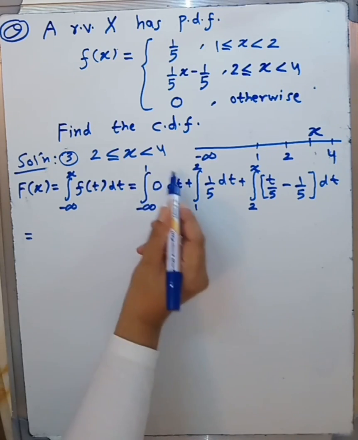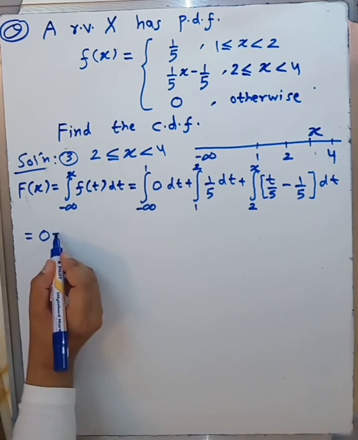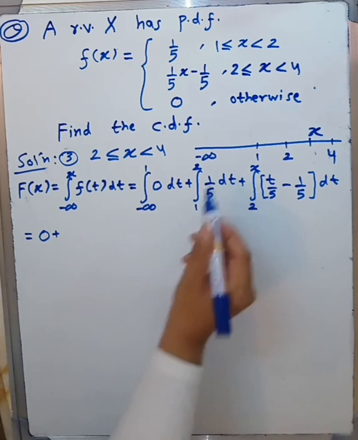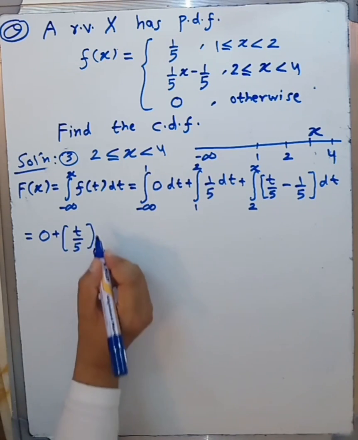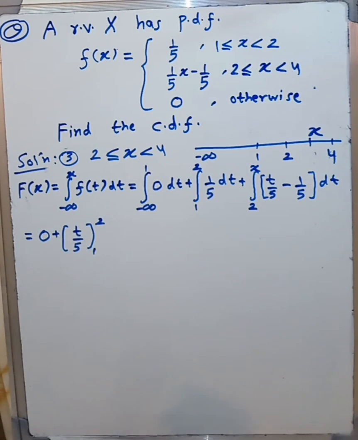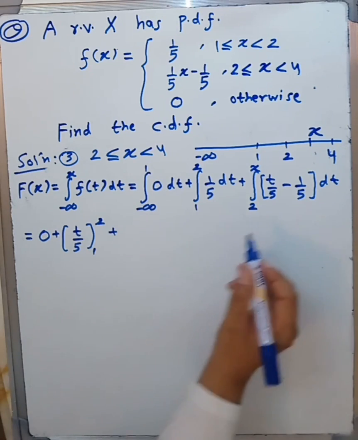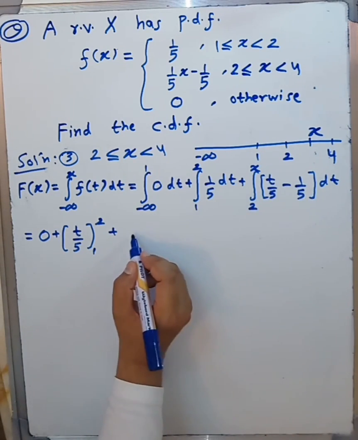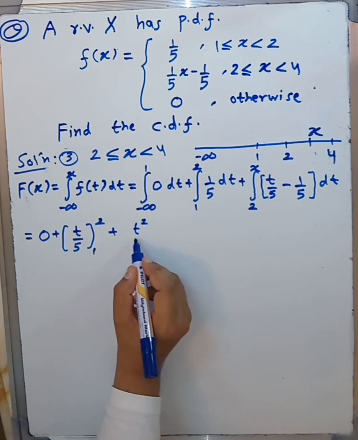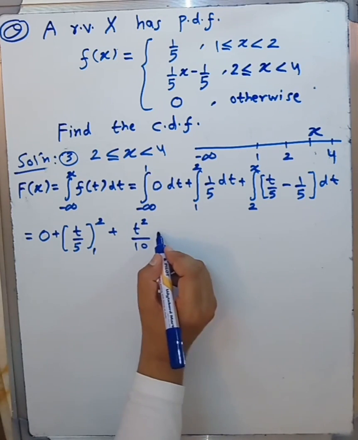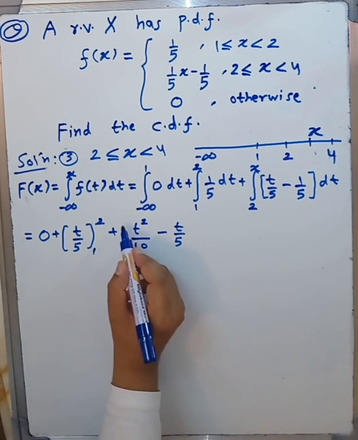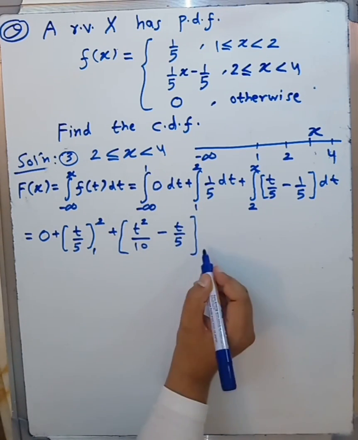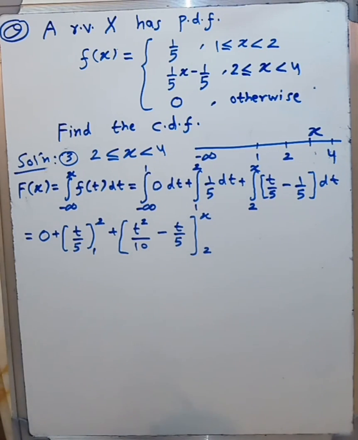Now let us integrate. So first integral will become 0. Second integral will become t by 5 over the limits 1, 2. And the third integral will become t square by 2 multiplied by 5, that will be 10, minus t by 5 over the limits 2 to x.